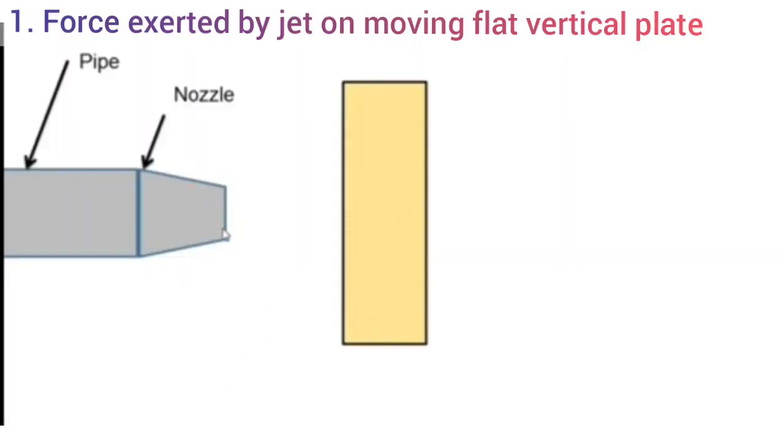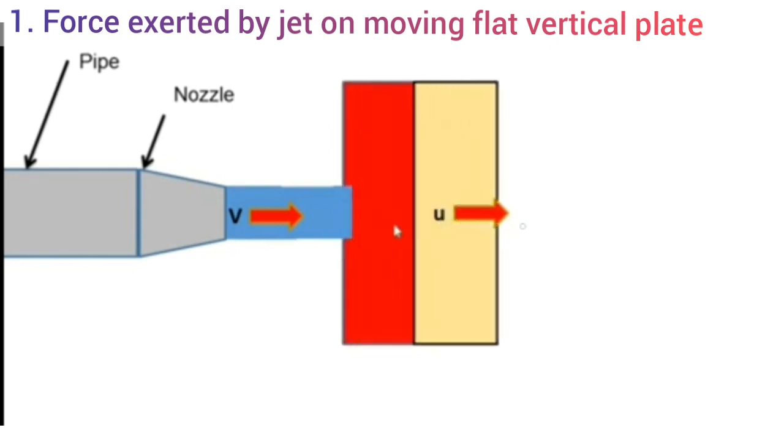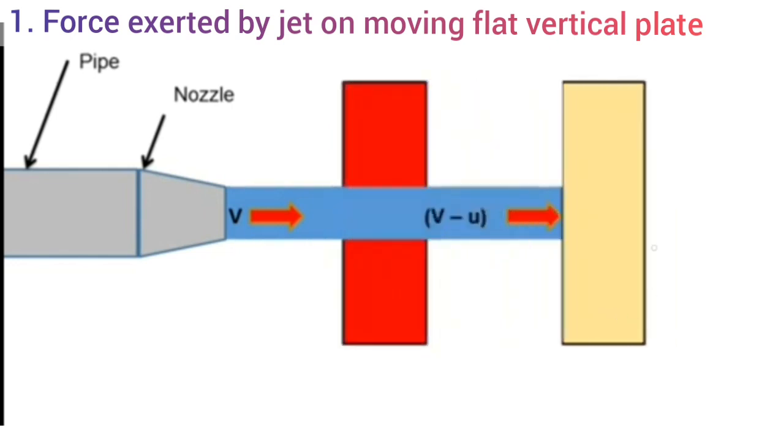So now water will be coming out of the nozzle with a velocity v and it will be hitting the plate. Since the plate is not fixed, the plate will move from the initial position to the next position, that is, it will move with the velocity u to the new position.